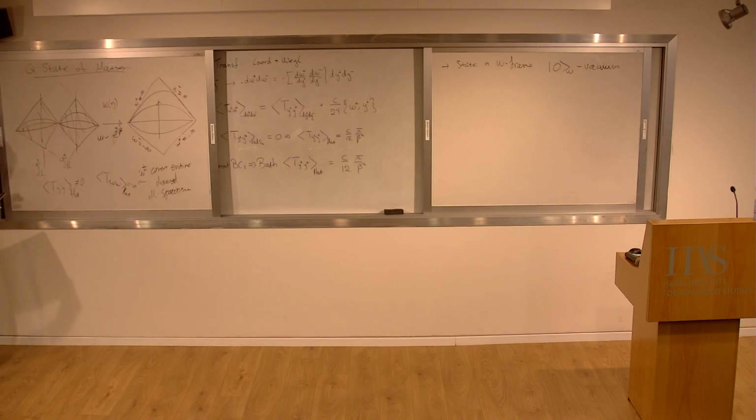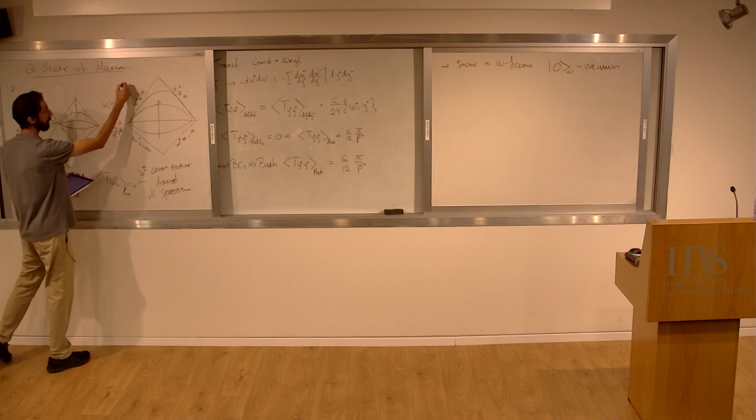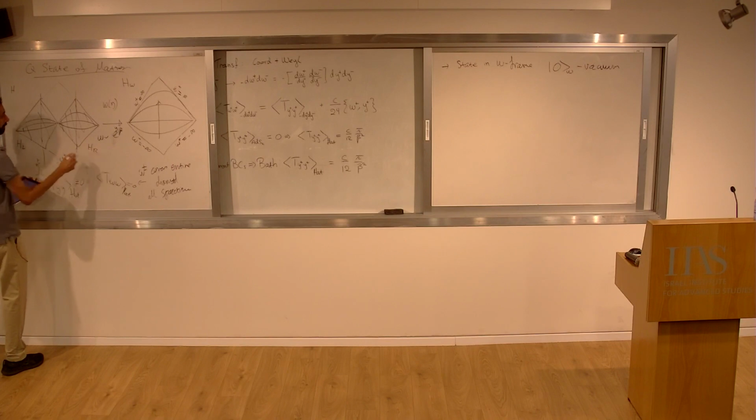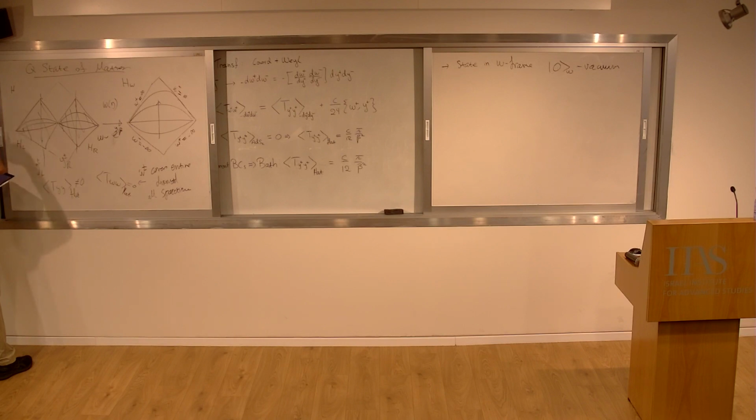If we consider the time evolution generated by, so here this is the time evolution generated by, let's call it H_W. Here, the time evolution, let's say it's generated by H left. Time evolution here generated by H right.